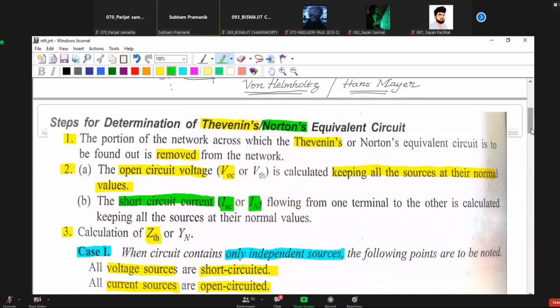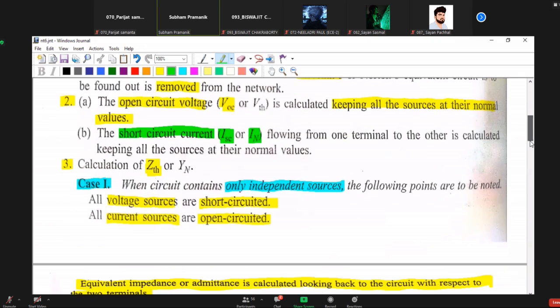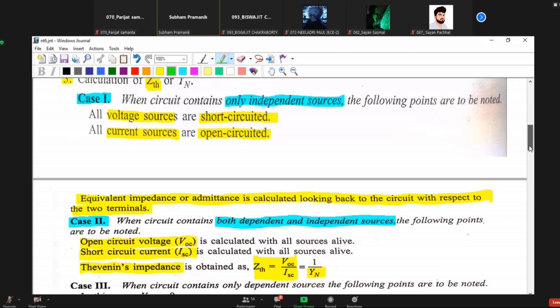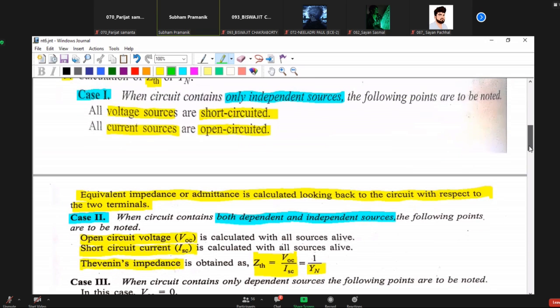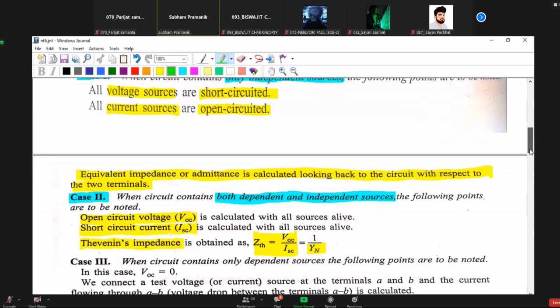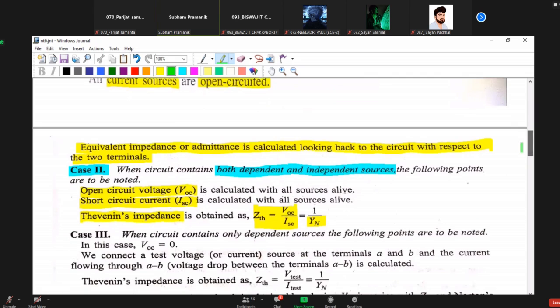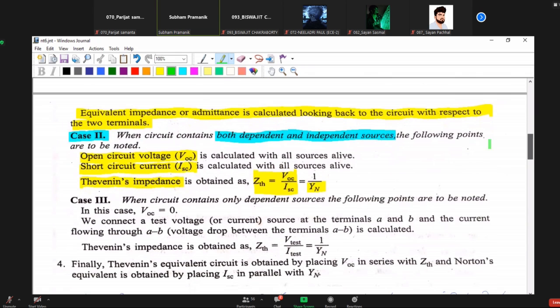The rest of the things are the same. That means the determination of ZTH is the same procedure for both Thevenin and Norton. So let's now concentrate on case 2, where the circuit contains both independent and dependent sources. Thevenin's impedance is obtained as ZTH equals VOC by ISC.